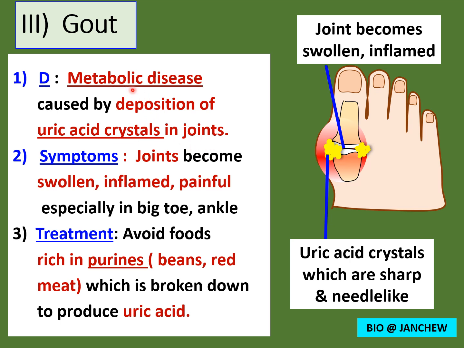What is a metabolic disease? Metabolic disease occurs when there are abnormal chemical reactions going on in the body. In this case, the abnormal chemical reactions have to do with the uric acid production and excretion, which we'll discuss further down. So symptoms are the joints become swollen, inflamed, painful, especially in the big toe and ankle.